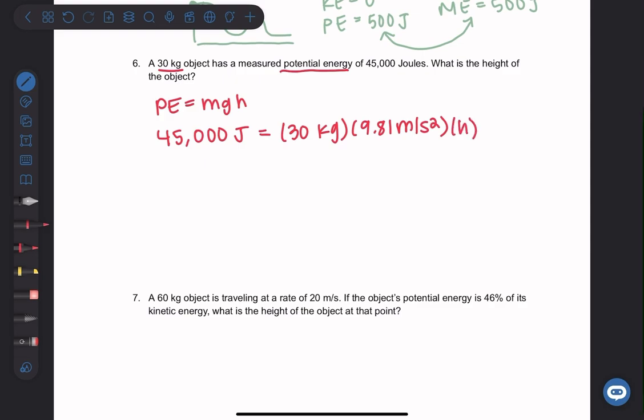Okay, so what we're going to do is we're going to multiply these two as well. First, 30 times 9.81 is equal to 294.3 times the height. So we want to isolate h, divide both sides by 294.3.